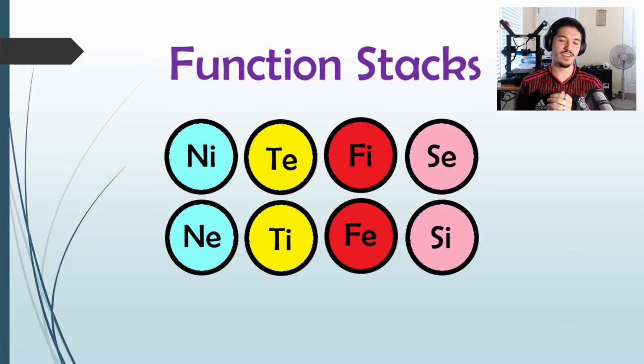As I mentioned previously, there's dominant functions, which is basically your first function, right? And your second function is called the auxiliary. The third is tertiary, and your fourth function is known as your inferior function. Myers-Briggs only uses the first four functions. However, there's other systems like socionics that use all eight functions.